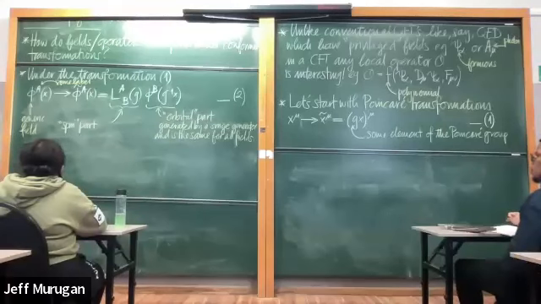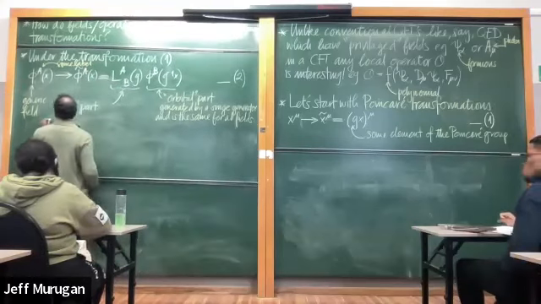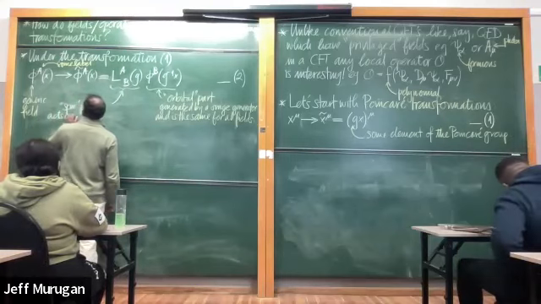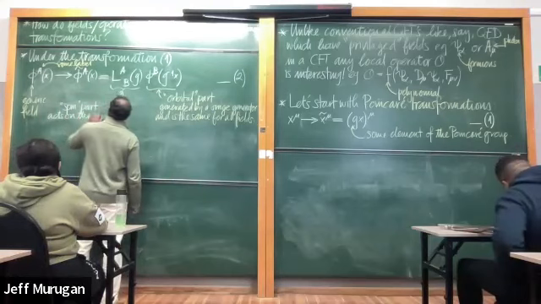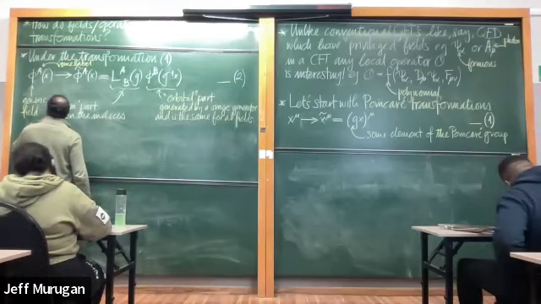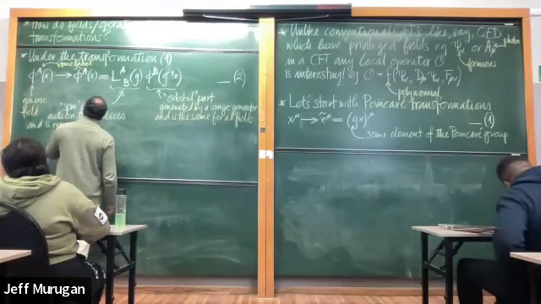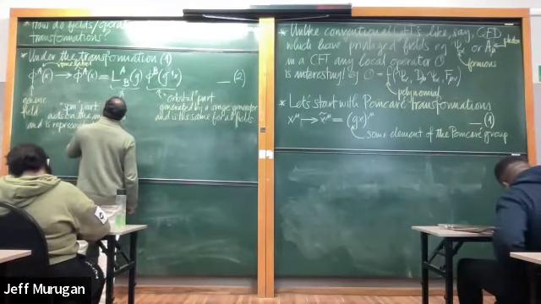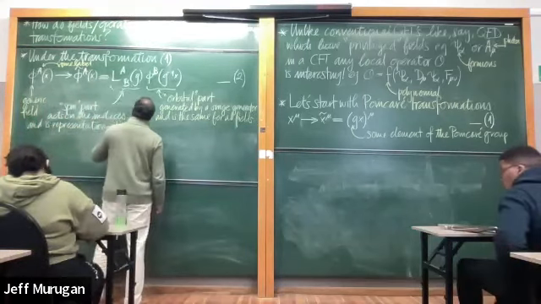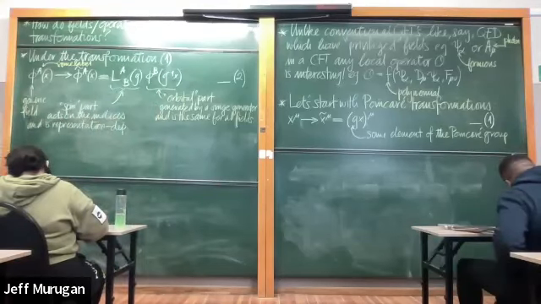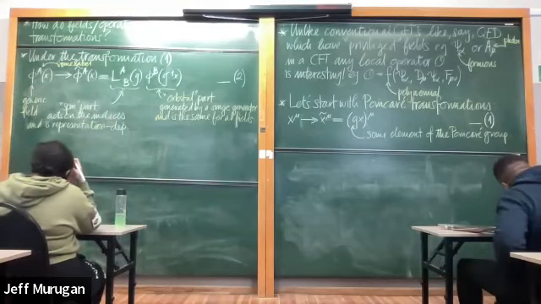So if it's a spinor, if it's a vector, this will change. So it acts on the indices and is representation dependent, and with different representations of the field, this set of indices will change.